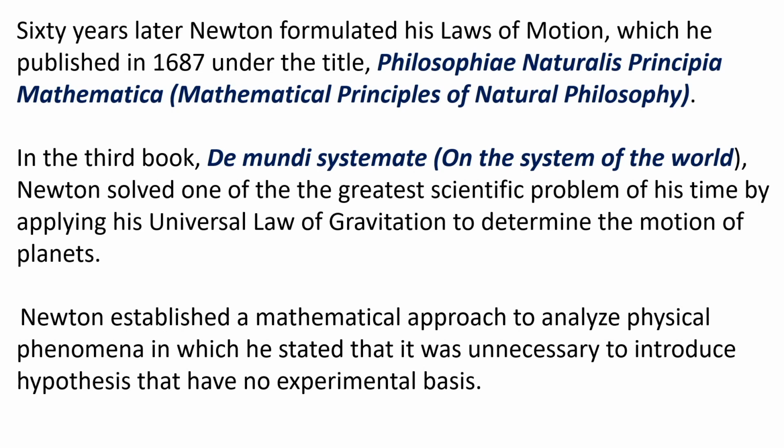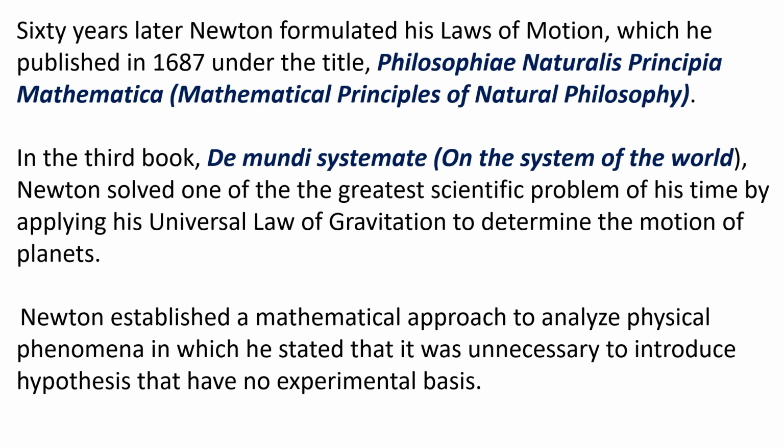60 years later, Newton formulated his laws of motion, which he published in 1687 under the title Philosophiae Naturalis Principia Mathematica. In English it is called Mathematical Principles of Natural Philosophy.